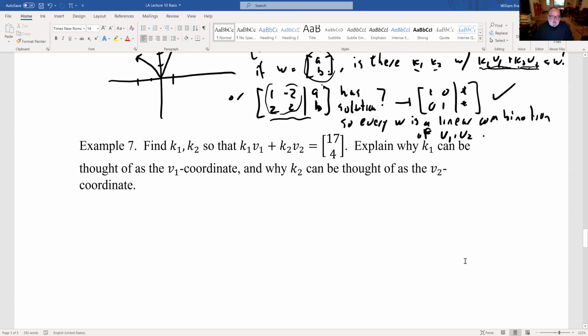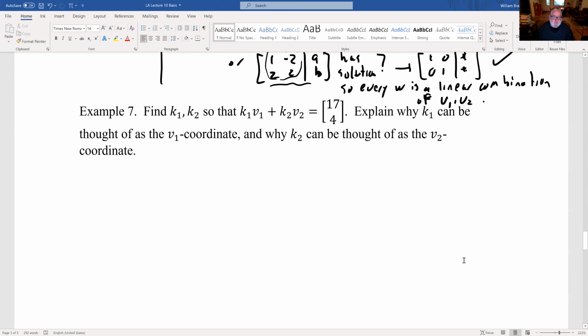So for example, find K1 and K2, so that K1 V1 plus K2 V2 equals 17, 4. That means solving the equation 1, 2, that's V1, minus 2, 2. Solve K1 V1 plus K2 V2 equals 17, 4.